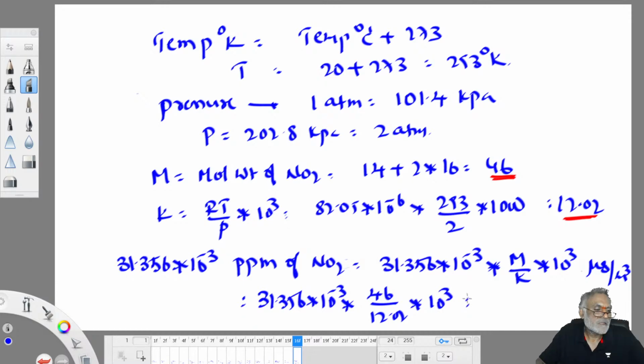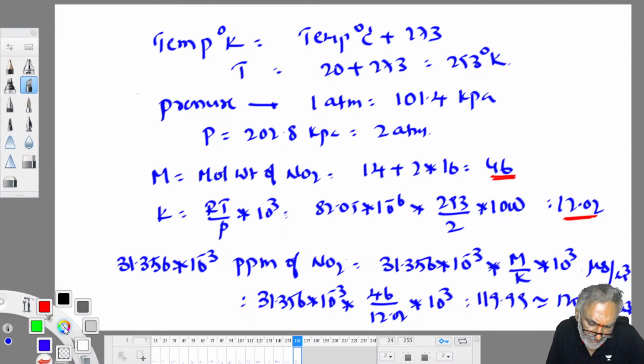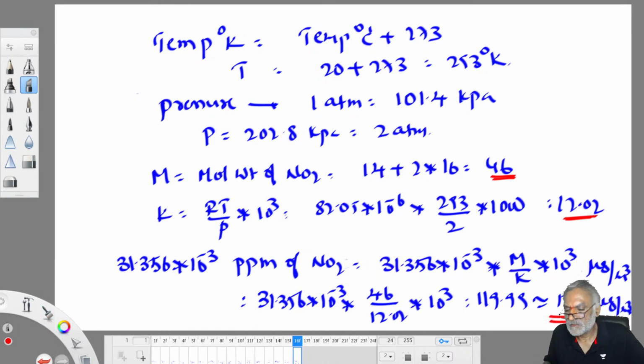So it is 199.99. So rounded to 200 microgram per meter cube. That was the answer. Understood? So this is how we work out numericals related to conversions.